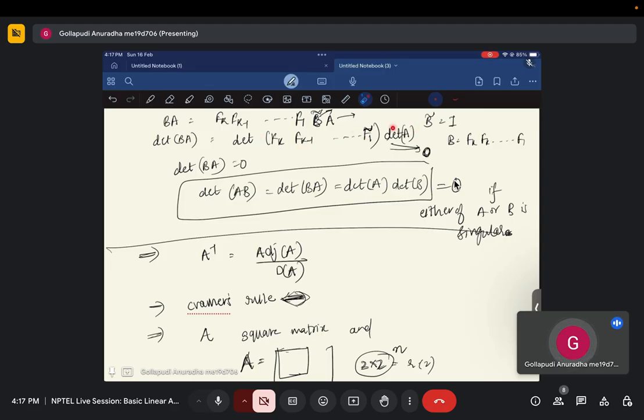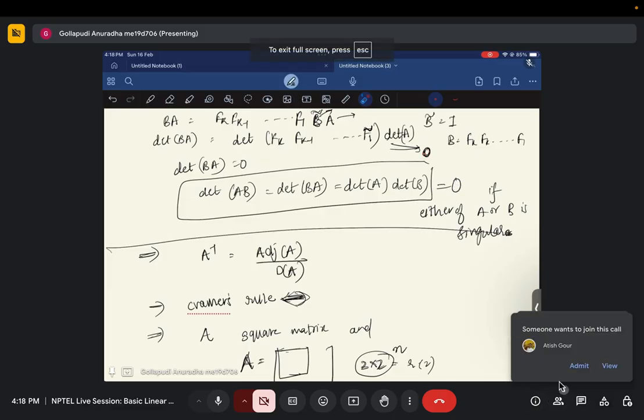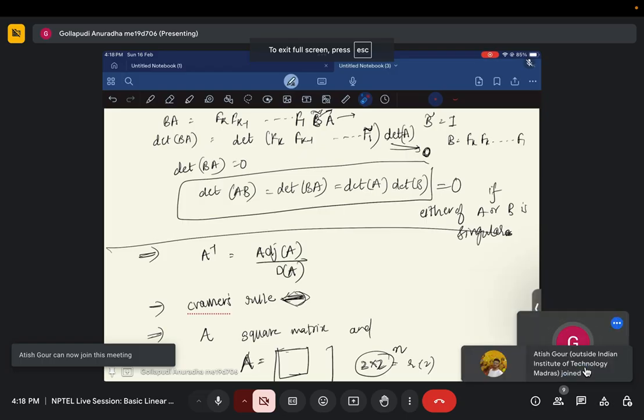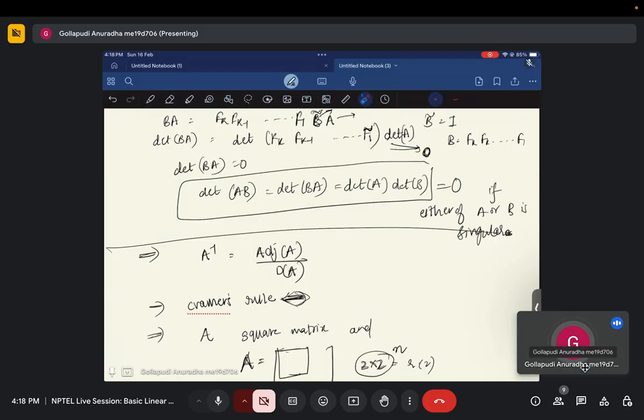Determinant of A will be equal to 0 here, because the last row is going to be 0. So ultimately determinant of BA also is 0, and determinant of AB, BA and determinant of A into B are all 0. So we proved it for both cases, singular or non-singular.